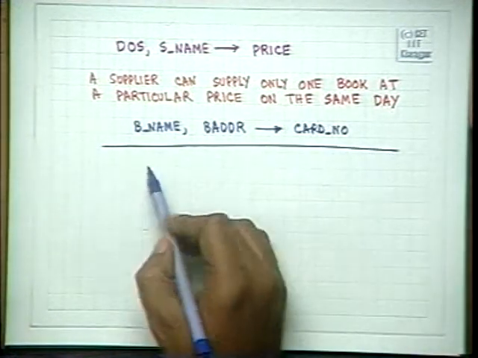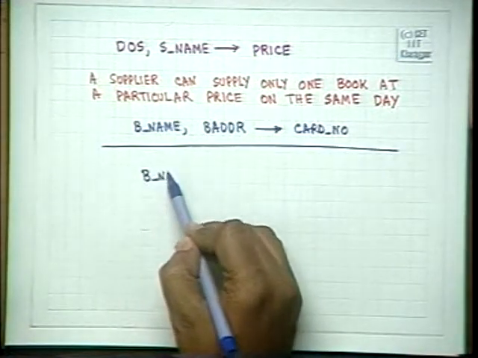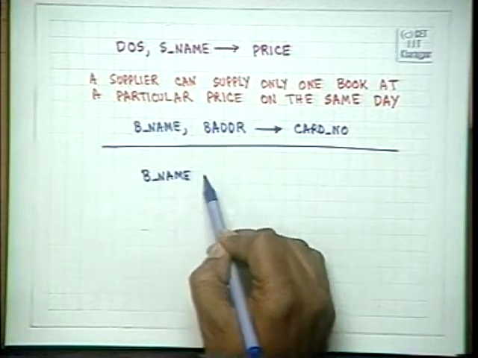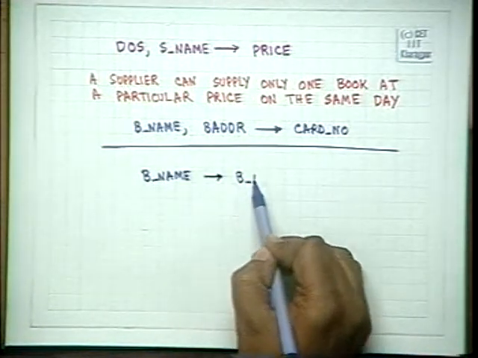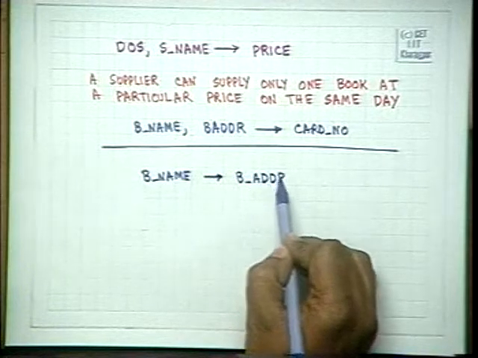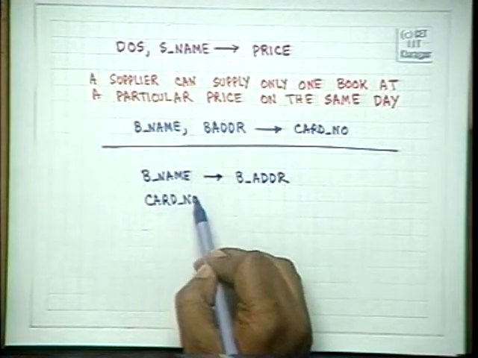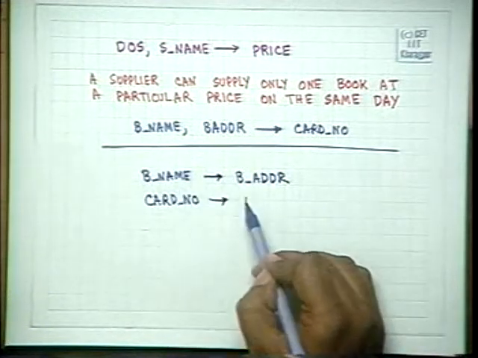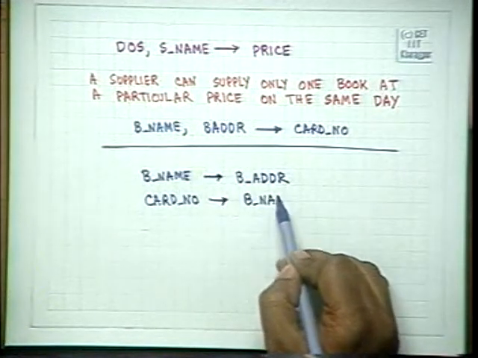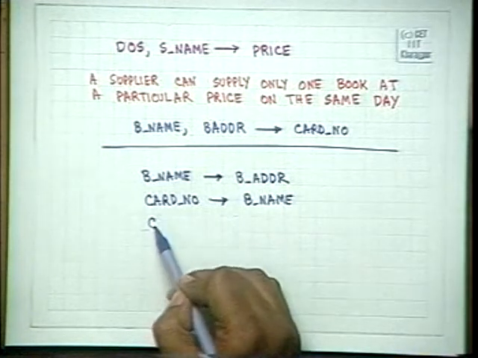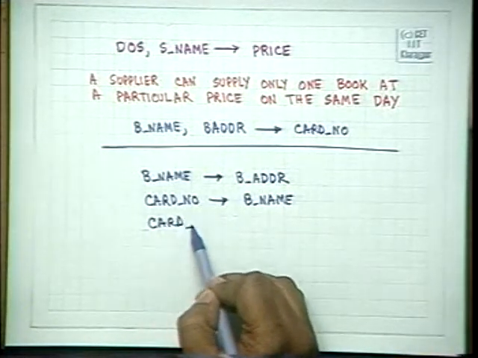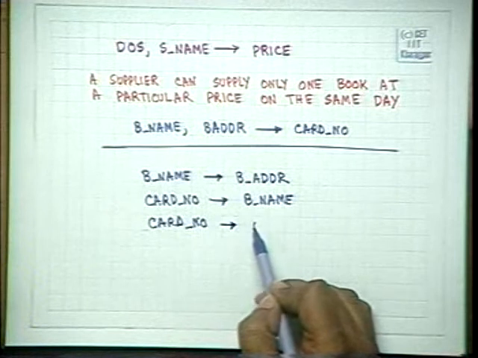Let us take another one. Suppose I write down, borrower's name gives borrower's address, and I have my old dependency as card number gives borrower's name, and card number also gives borrower's address.